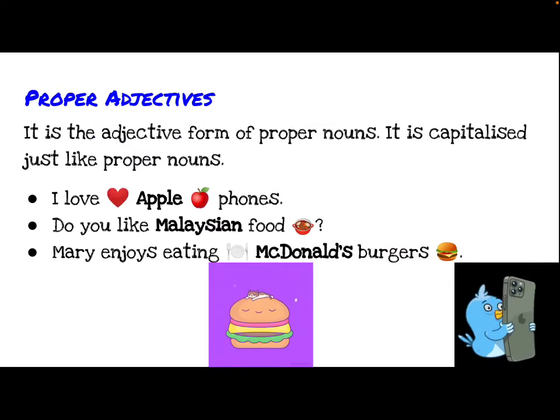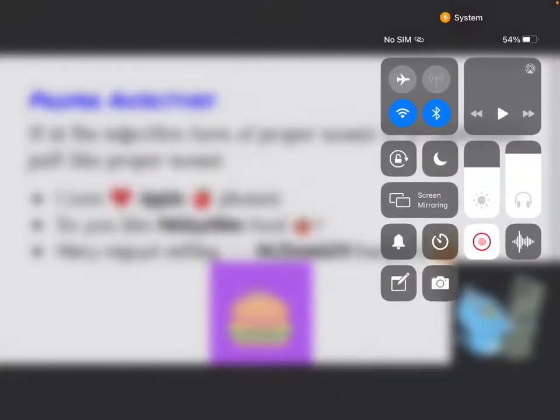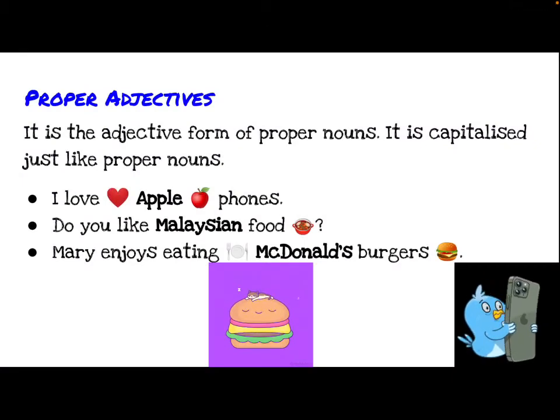The next form of adjectives is proper adjectives. It is the adjective form of proper nouns. It is capitalized just like proper nouns. For example, I love Apple phones.